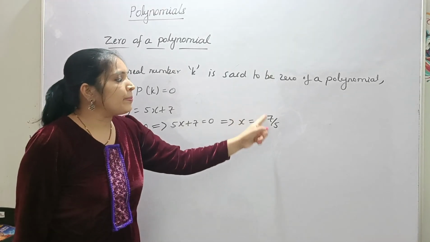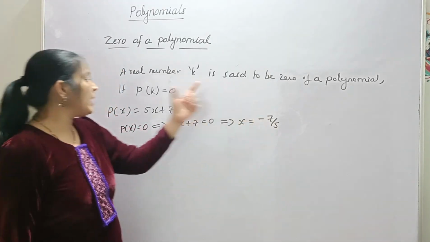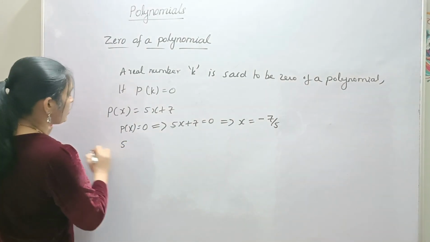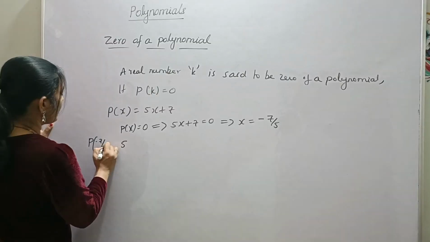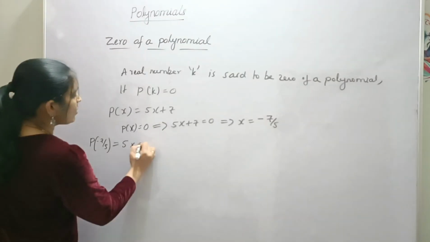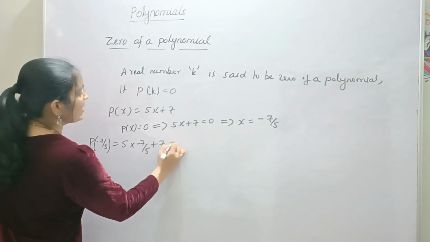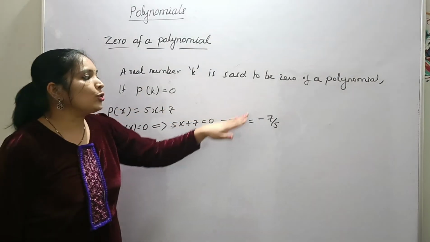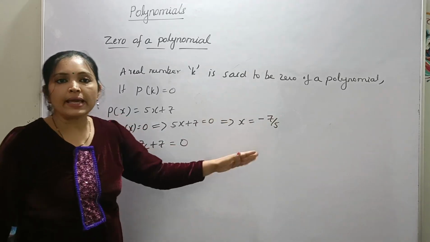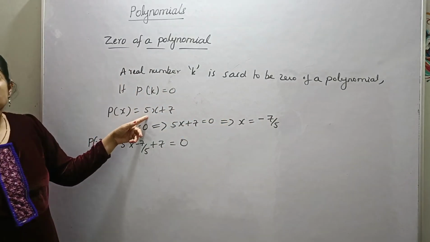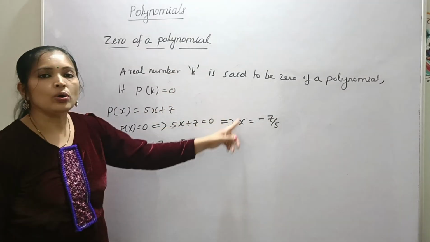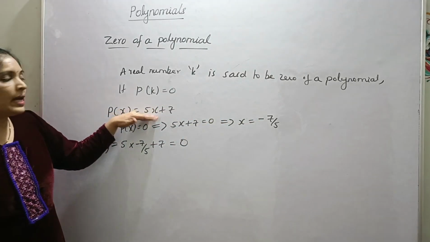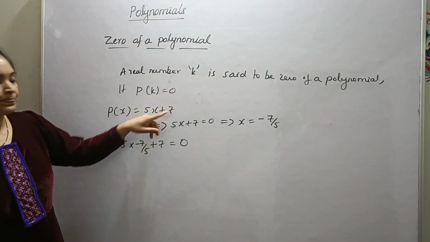You put x is equal to minus 7 by 5 in this expression. So p of minus 7 by 5 is equal to 5 into minus 7 by 5 plus 7, that is 0. So x is equal to minus 7 by 5 is a zero of the polynomial 5x plus 7.